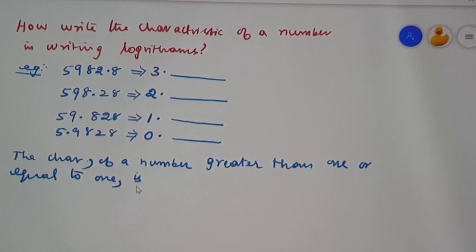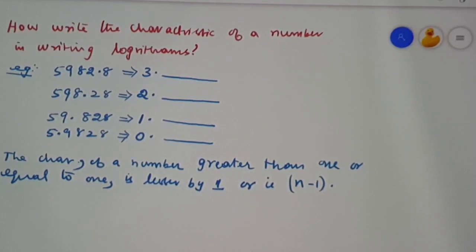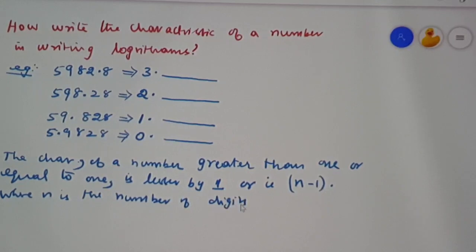So it is lesser by 1, that is, n minus 1, where n is the number of digits before the decimal point in the given number.